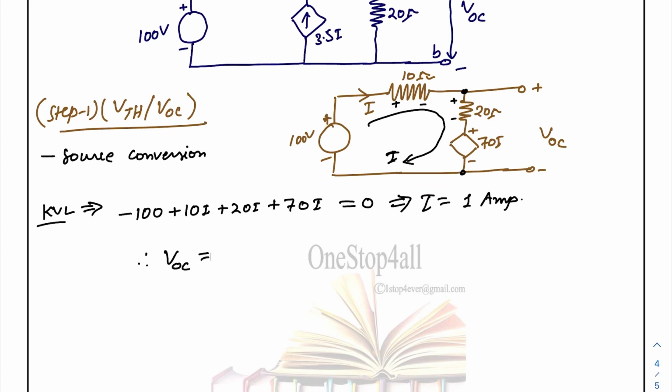By looking at the circuit we can write, as there is a plus minus, there is a voltage drop across the resistance, that will be 20 into I, plus there is a voltage source of 70 into I. So it will be 90 into I, and this is nothing but 90 volt. So we have calculated VOC.